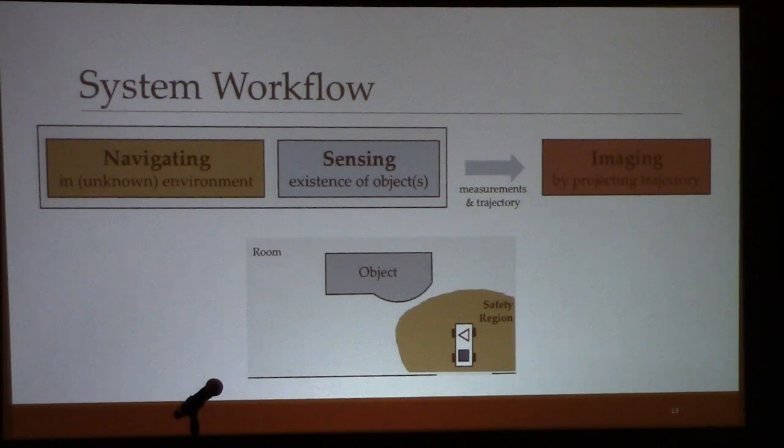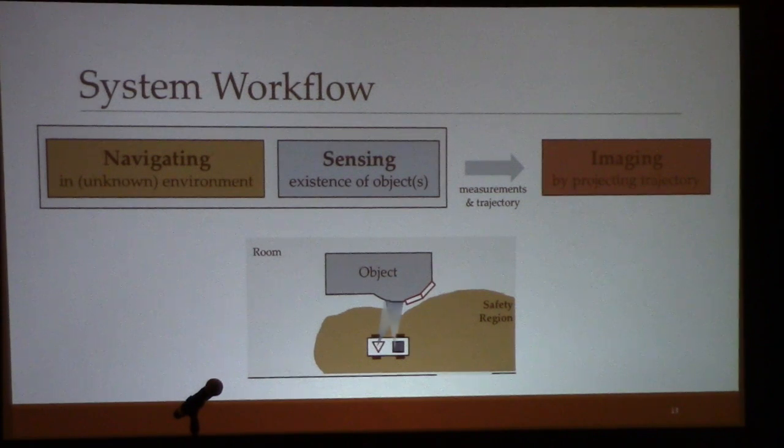We did this based on the fact that a nearby object must reflect the signal. So we can compute a safety region based on the reflection measurement. And from these reflections, we also sense if there's an object. So the device will move inside the safety region, collect the reflection signals, and output the imaging result. We repeat this process until the robot recognizes the target or finishes scanning the room.